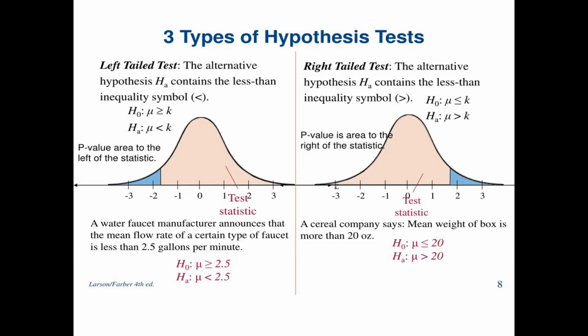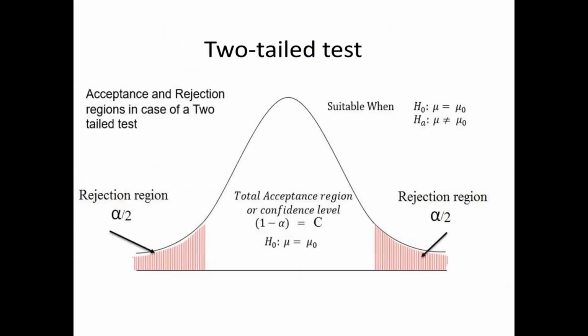Then in the right tail test, the alternative hypothesis HA contains the inequality symbol greater than. H naught is mu less than or equal to mu naught.